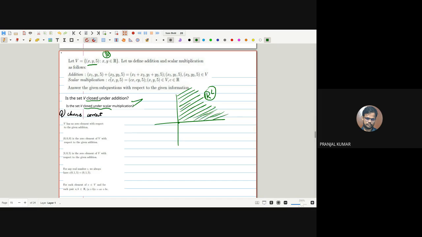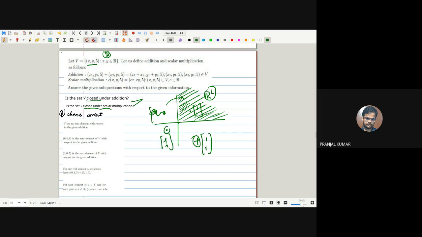Why is it not a subspace? Because suppose you take the vector 1, 1 here. Now if you scale this 1, 1 by minus 1, where will you get the vector? Here, minus 1, minus 1, which is not inside this set.